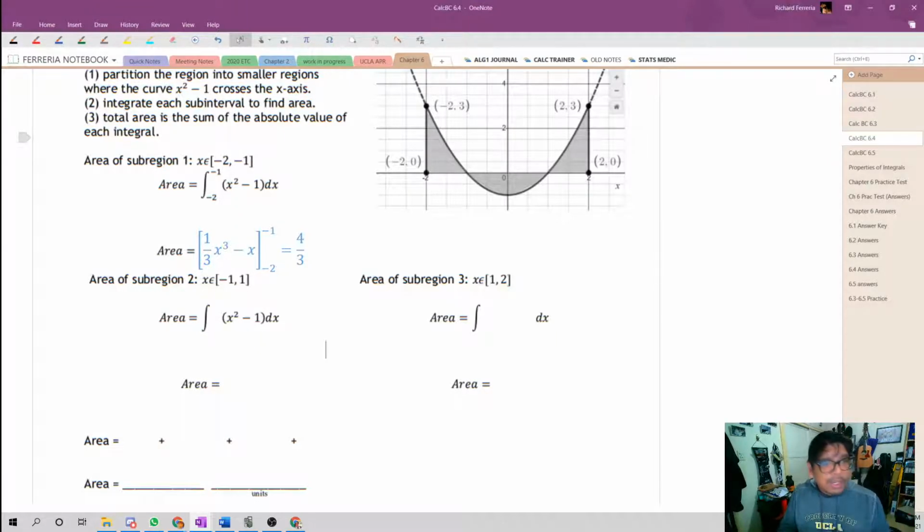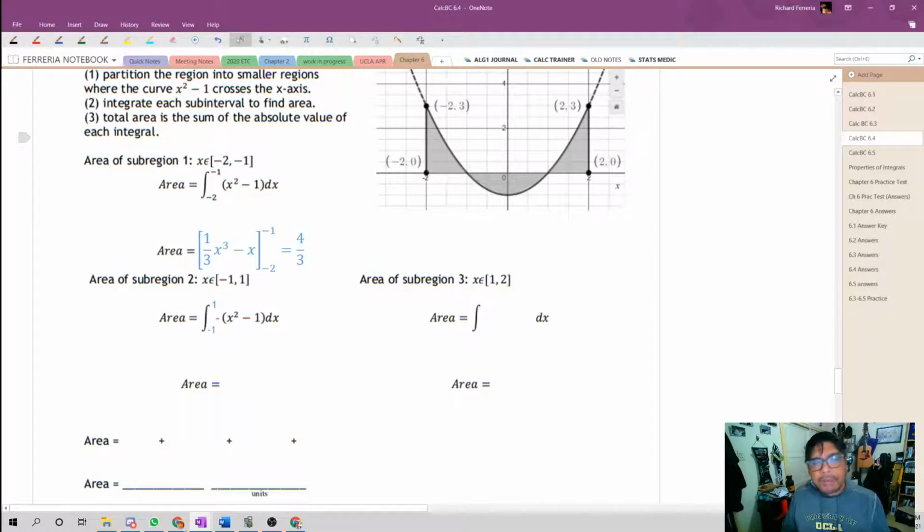The next region is from -1 to +1. So let's substitute things here. We'll integrate from -1 to 1 of the same function, x squared minus 1. And actually, that's not going to be the area, is it? Because that antiderivative is going to be negative.